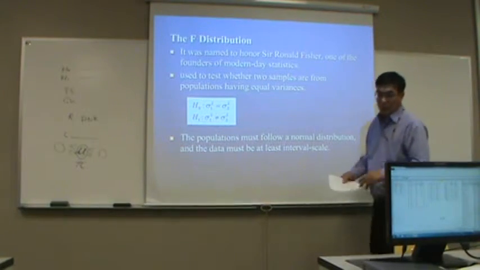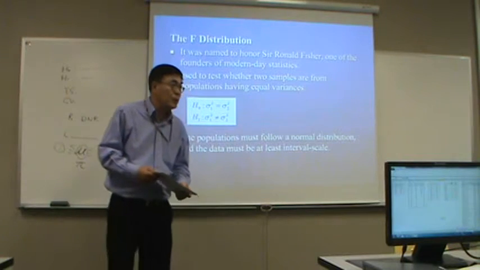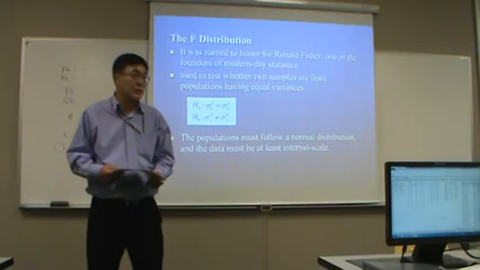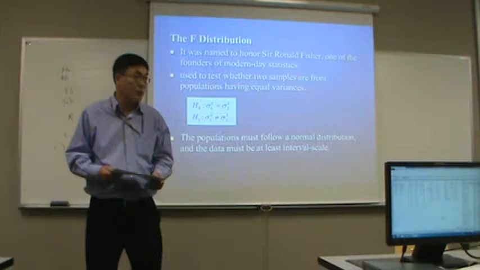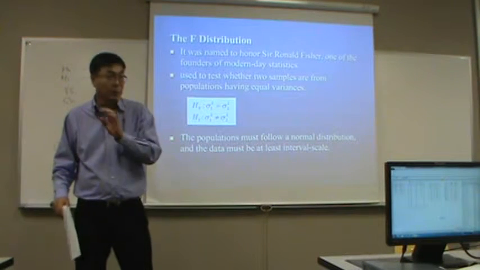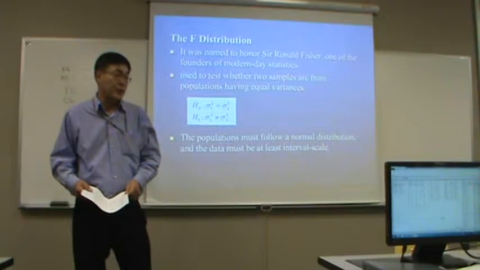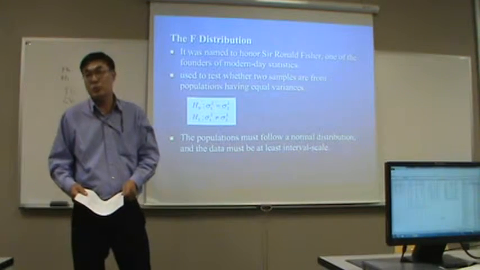Okay. When we test one sample or two samples, we use Z or T, right? Depending on whether the population standard deviation is known or unknown. The ANOVA test is an F test, using the F distribution.